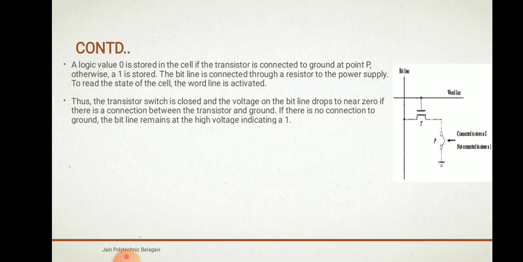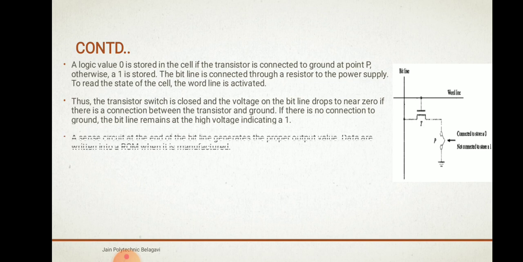That is, there is a connection between the transistor and the ground. So if the transistor is connected to the ground, it will be 0. Now if the transistor is not connected to the ground, then the bit line remains at high voltage, that is 1.